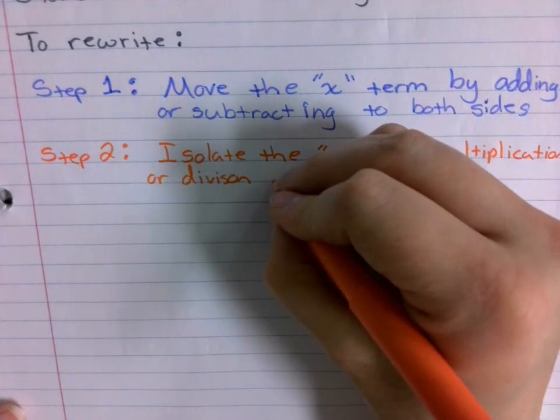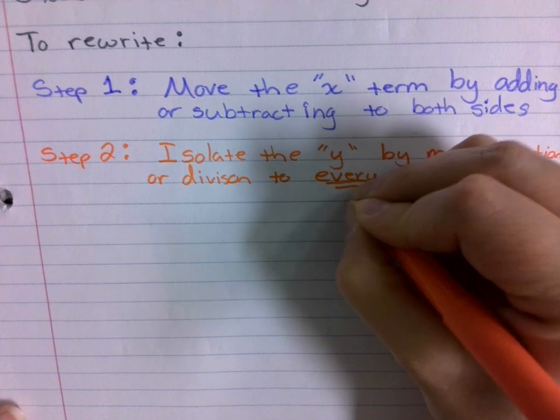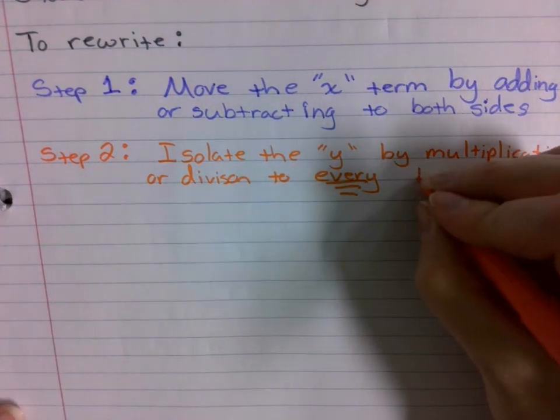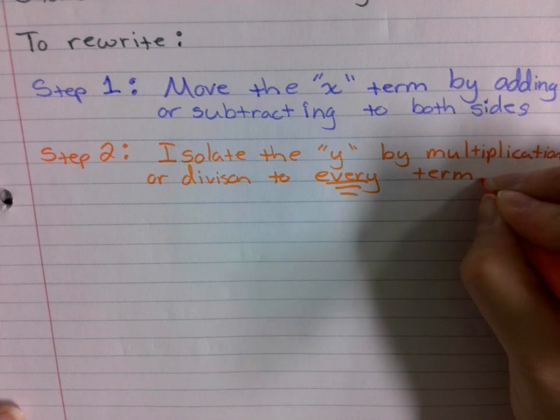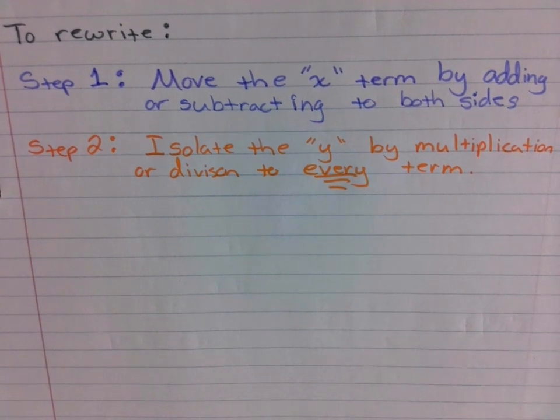And when you're doing so, you're doing this to every term, and that's very important. You're going to use multiplication or division on every single term in the entire problem. That'll allow you to have y isolated.